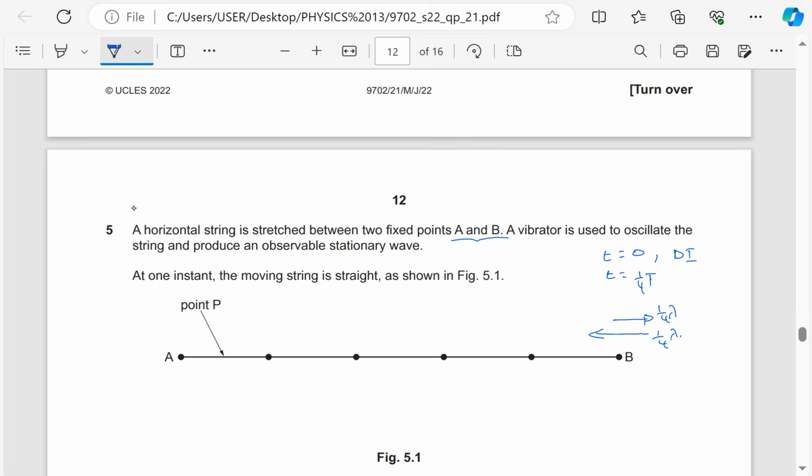This would result in something like this. So constructive interference is going to occur after a quarter of a cycle.